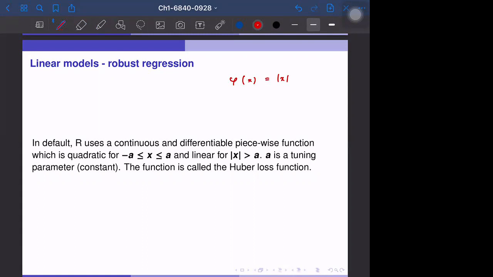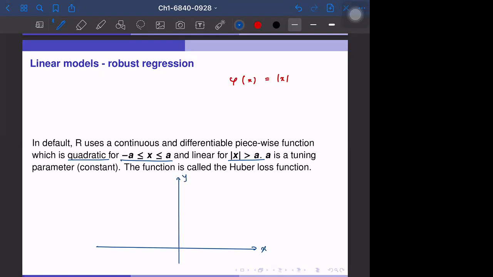But actually R uses a little different function than this. R uses this function: rho of x is a quadratic function for x between negative a and positive a, and a linear function for absolute value of x larger than a. Maybe it's more intuitive if we write down the figure.